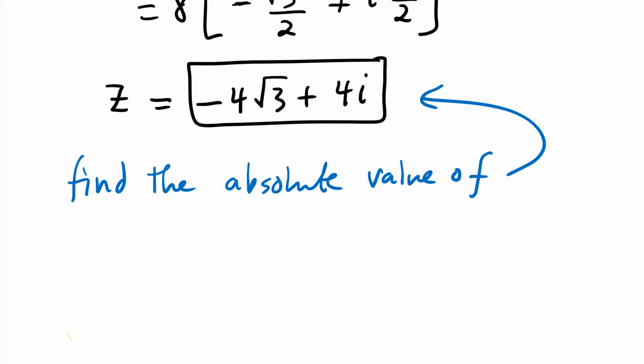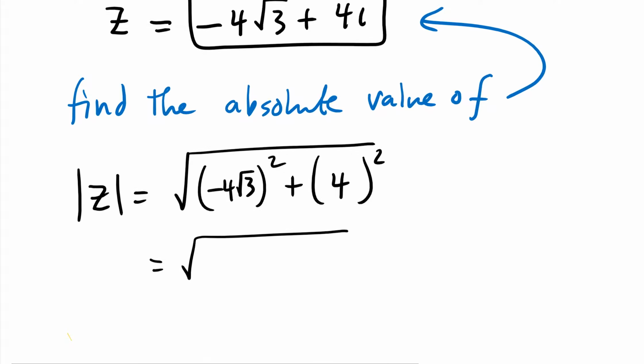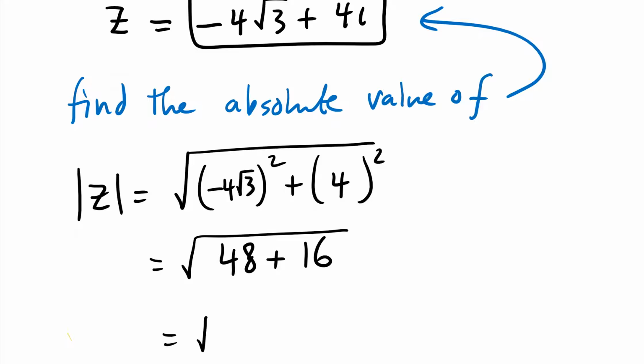Well, we gave you the formula earlier. The absolute value was the square root of a squared plus b squared. What's a? It's negative 4 root 3, and b is 4. 16 times 3, right? 48 plus 16, 64.